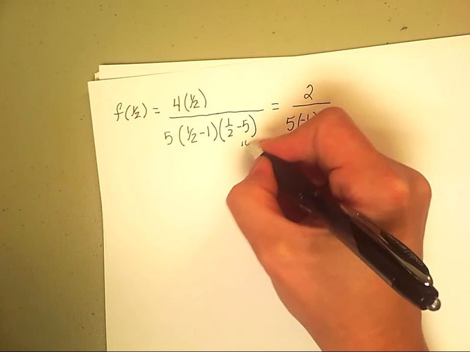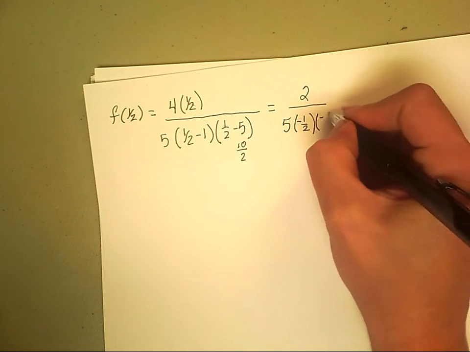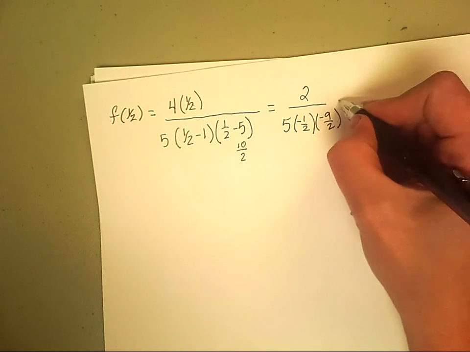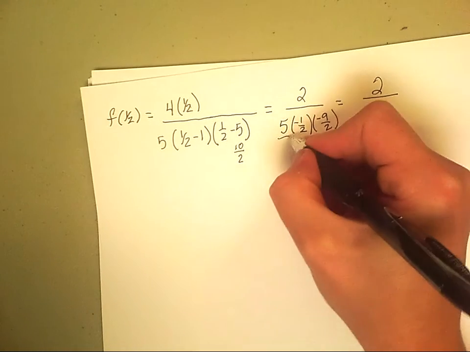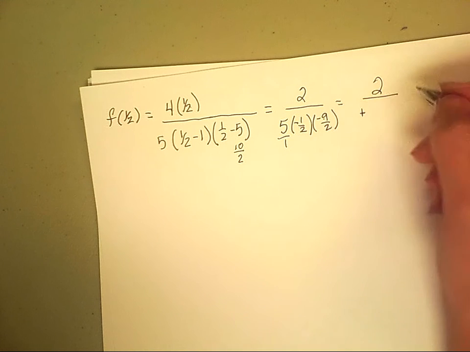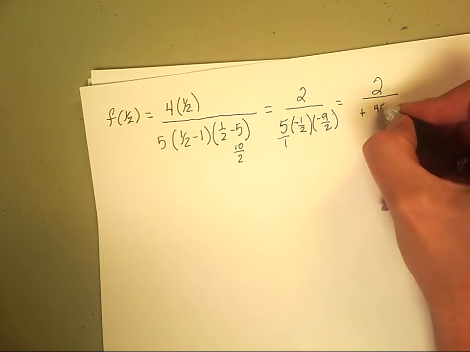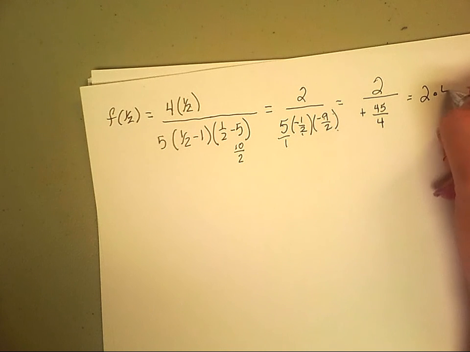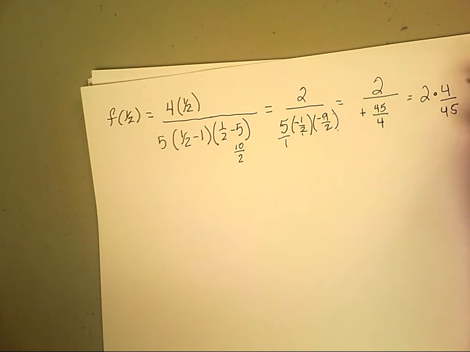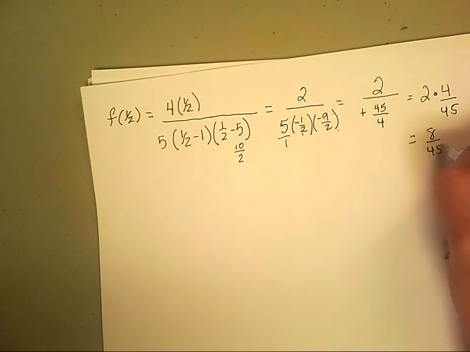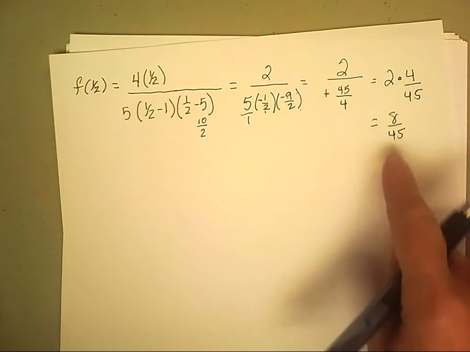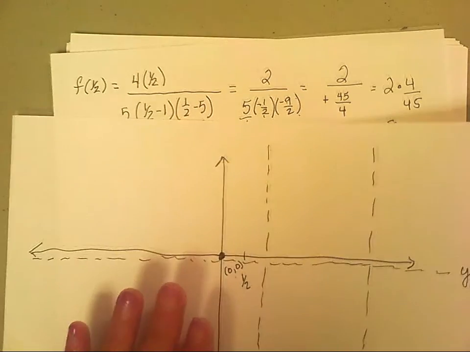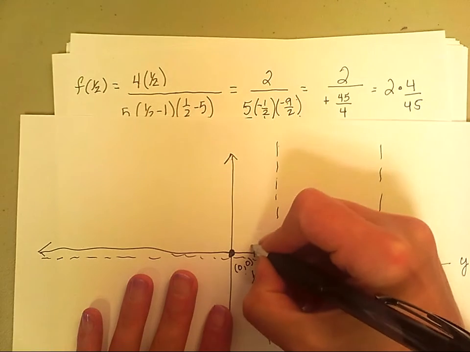And 1/2 minus 5, that's 10 halves, is minus 9 halves. So this is equal to 2 over 5 over 1, negative and negative become positive, 5 and 9 are 45, and 2 and 2 are 4. So this is 2 times 4 over 45, which is 8 over 45. This is very small, but it is positive. So at this point, we can label it here.